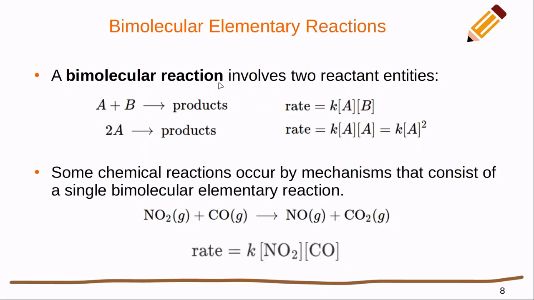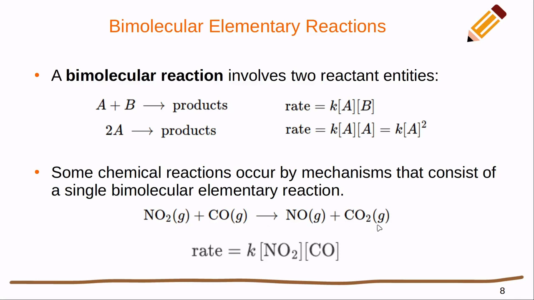A bimolecular reaction involves 2 reactant entities. So we're going to have A plus B go to products, or just 2 of the same molecule that are going to go to products. And their rates are going to look like this in this case. Okay. Some chemical reactions occur by mechanisms that consist of a single bimolecular elementary reaction.